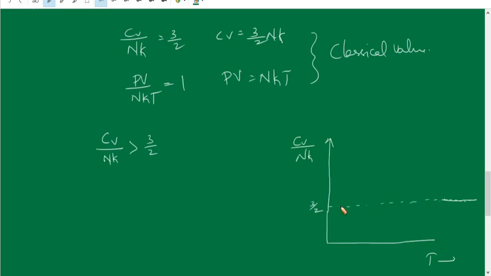So at this point, at infinity, this is the limiting value.